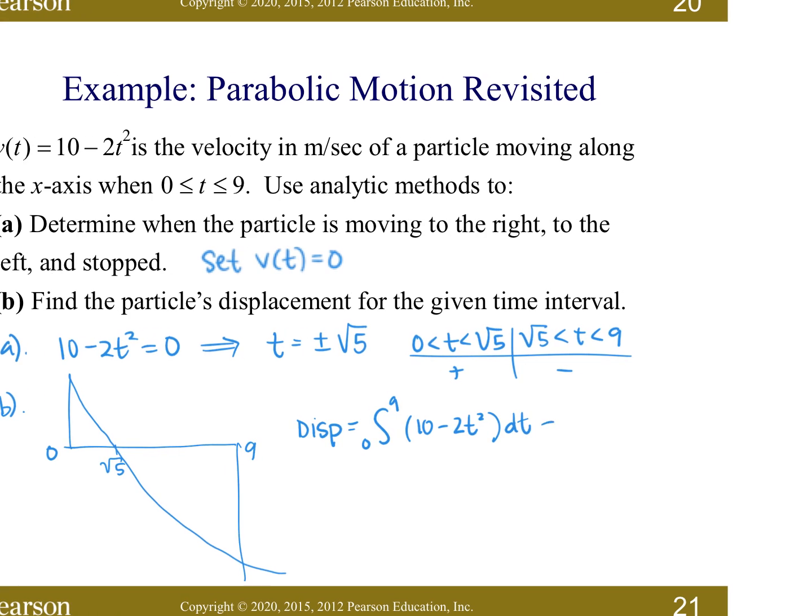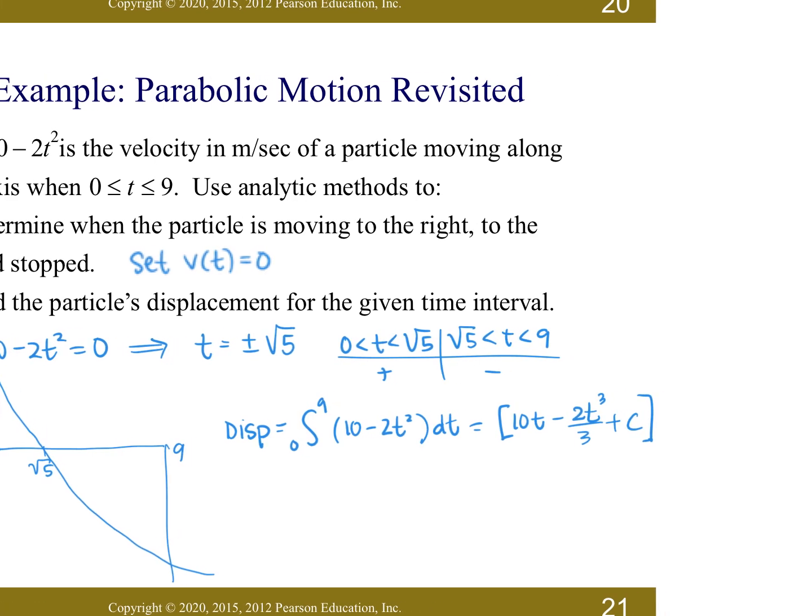So my antiderivative is going to be 10t minus 2t cubed over 3 plus c, and then going from 0 to 9. So that'll be, starting with the number 9, 90 minus 2/3 of 729.